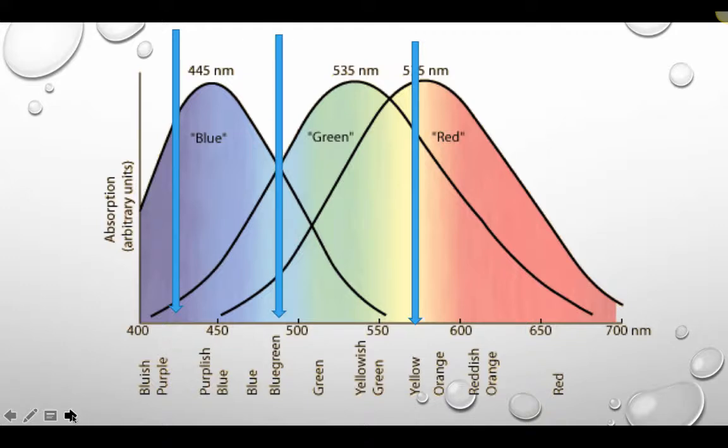And what if a wavelength came in at about 480 or 485 nanometers? The green cones would be firing, the blue cones would also be firing almost at an equal rate, but notice the red cones would also be firing. So all three color sensitive cones would be firing in this spot, and that would cause us to perceive a blue-green color. And that is how we can see any of the colors along this visual spectrum.